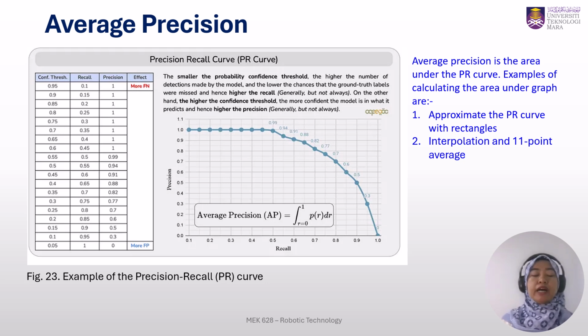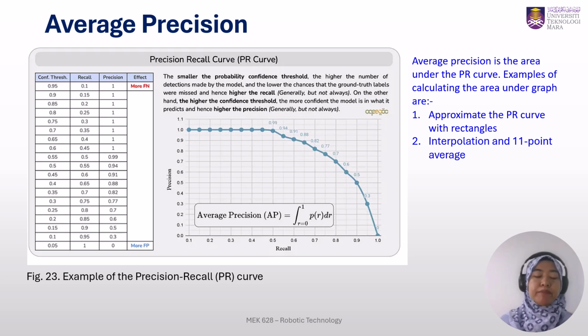They can be correlated, and then the correlation will become the average precision. So the average precision is actually building a graph with the y-axis of precision and the x-axis of recall. Okay, and then this average precision value is calculated as the area under the graph, where you approximate the PR curve with rectangles and interpolation, and this is the interpolation of 11 points of average.